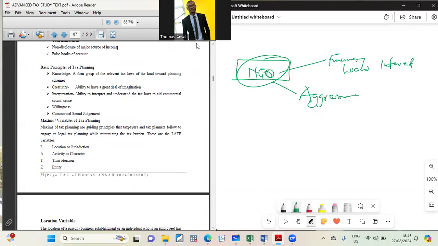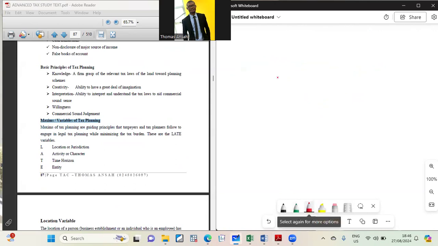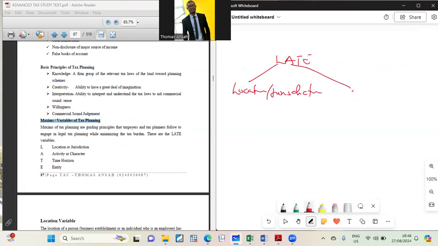But herein, we come to discuss the maxims of tax planning. There we use the LATE variable, and it is going to take a while. We discuss the LATE variable, where L means location or jurisdiction, A means activity, what you can do, T means time, and E means entity.